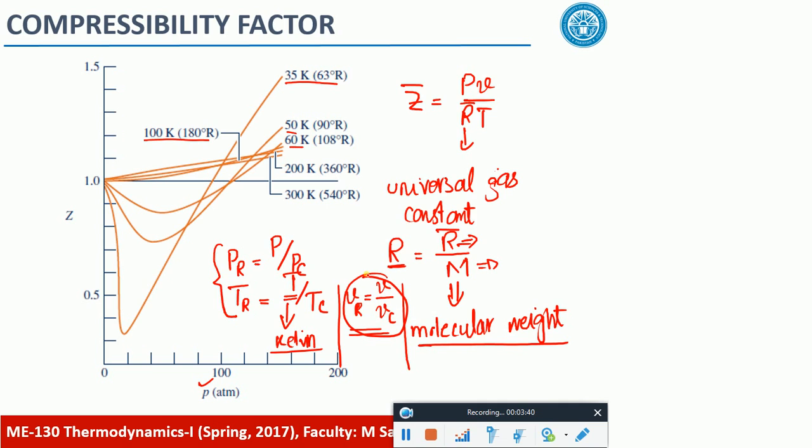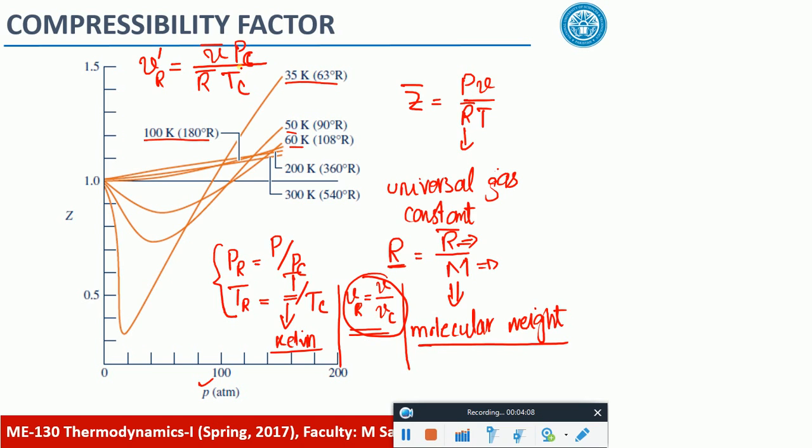pseudo reduced specific volume. We do not define it like this. A pseudo reduced volume, which is defined as V dash R equals V bar over R bar TC over PC, right?